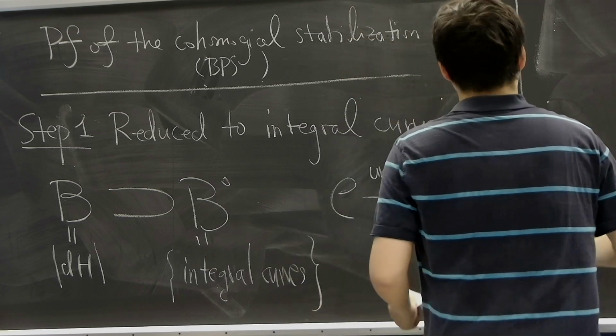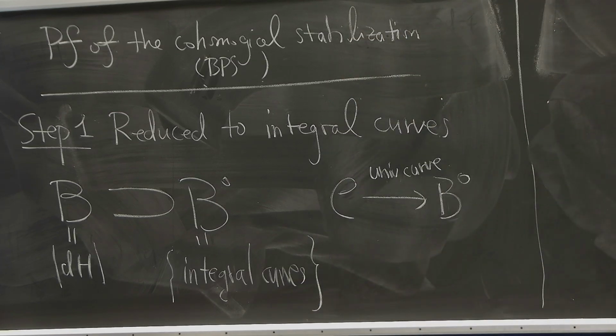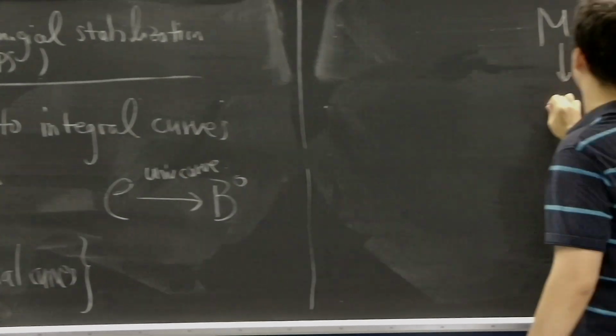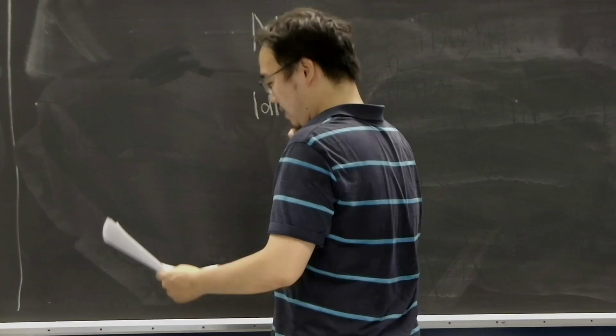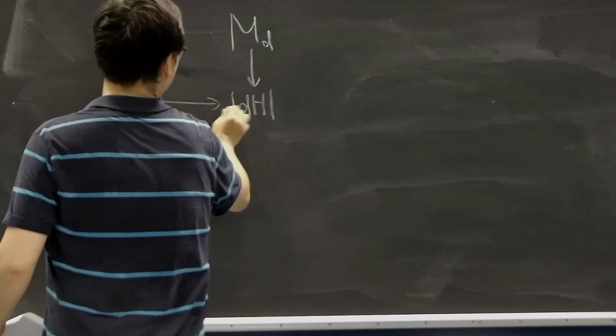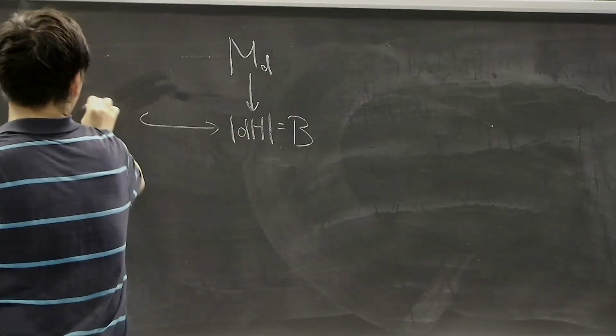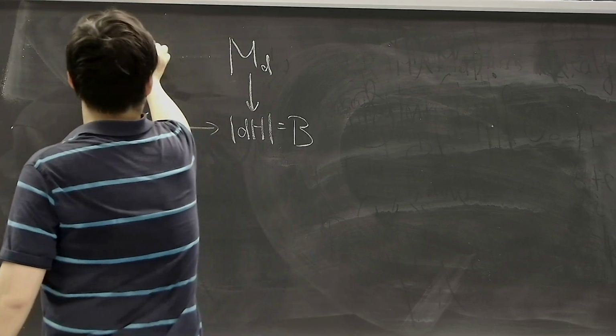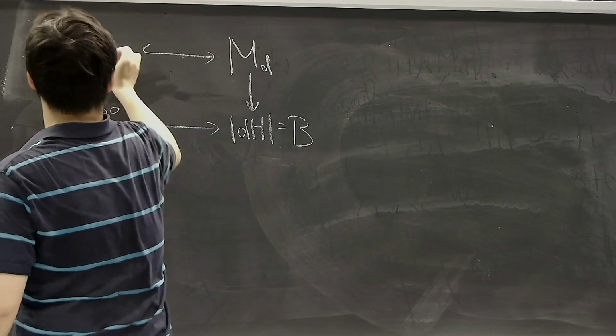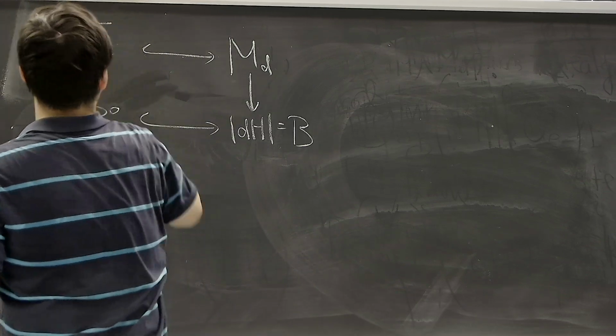If you restrict your moduli space M_D to B0, then the corresponding locus will be the compactified Jacobian fibration.